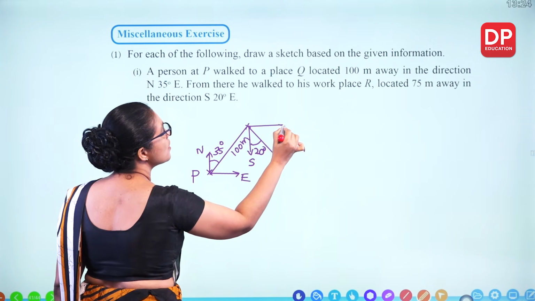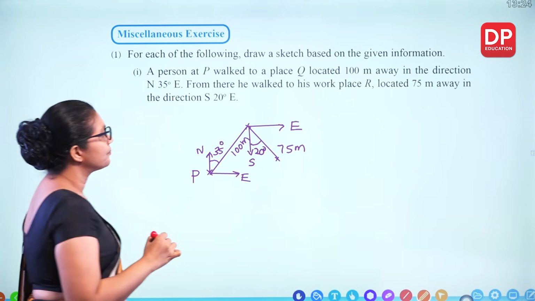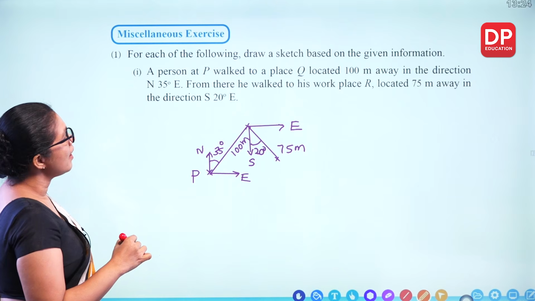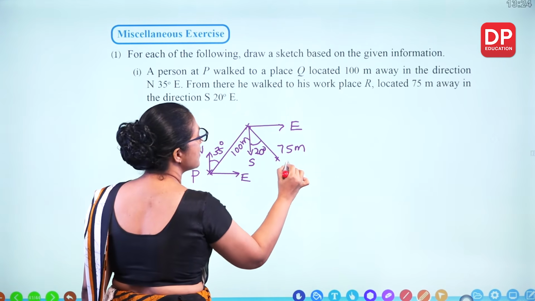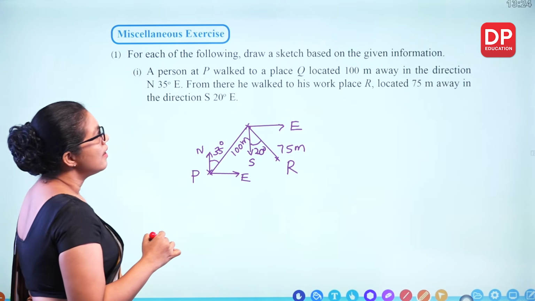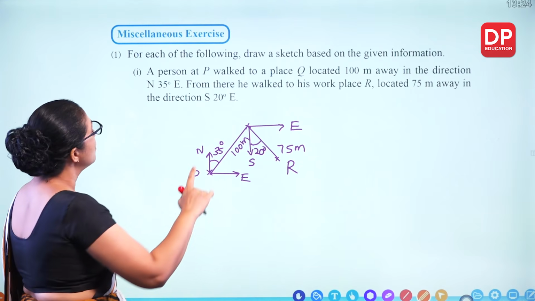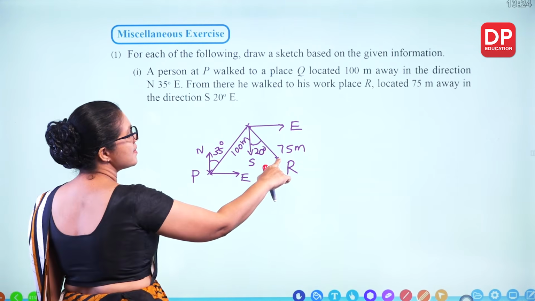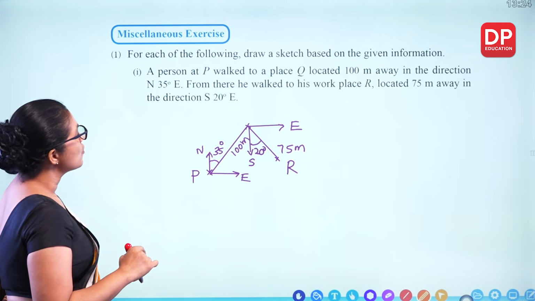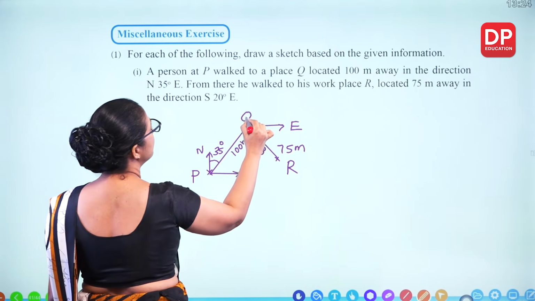This is south towards east side. And his workplace is R here. This is R. So, starting from P, this is the R place. So, Q is here.